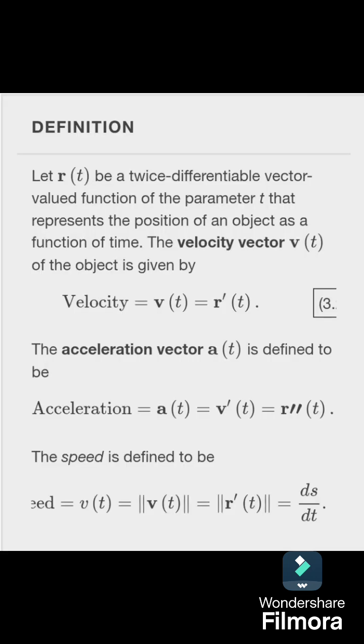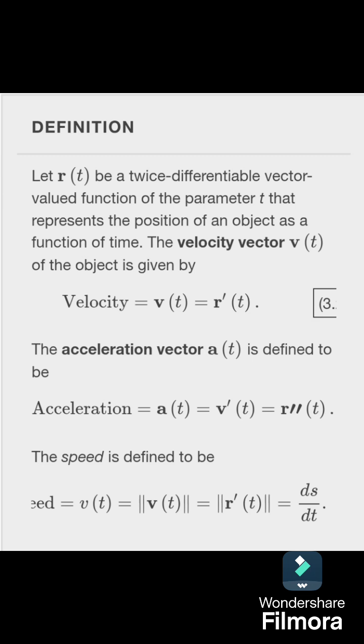Here, I will explain the motion vectors. Let r(t) be a twice differentiable vector-valued function of the parameter t that represents the position of an object as a function of time. The velocity vector v(t) of the object is given by v(t) equals r prime of t.